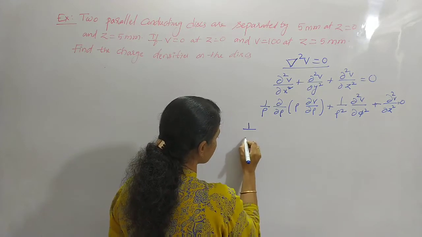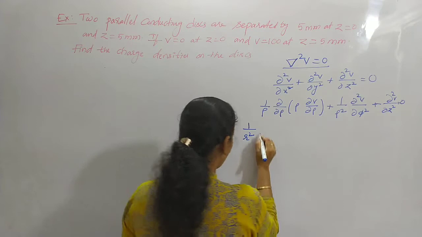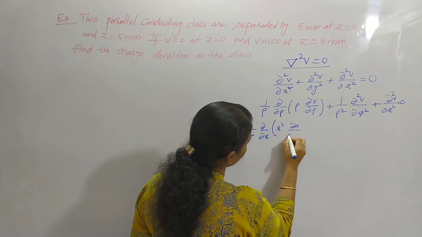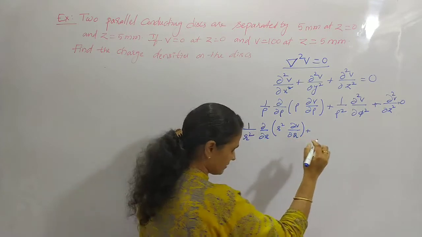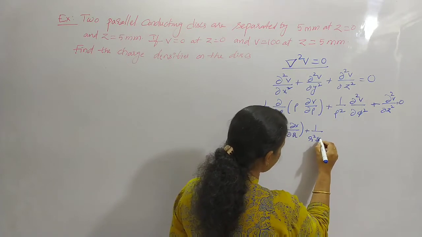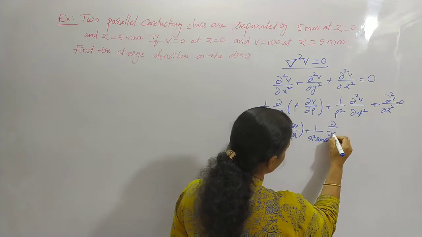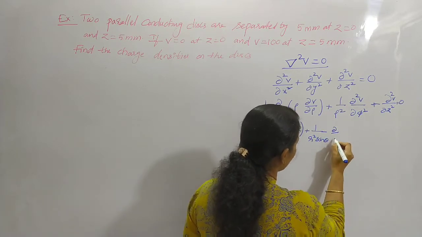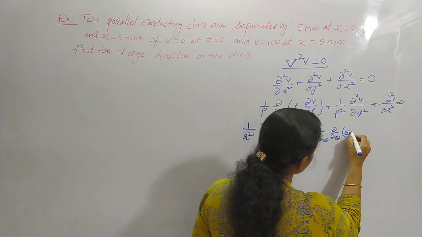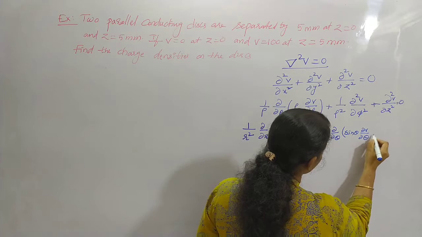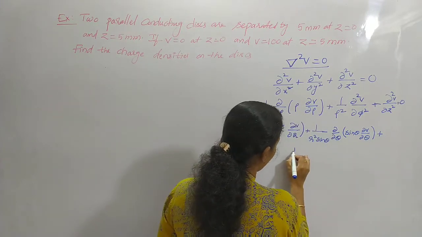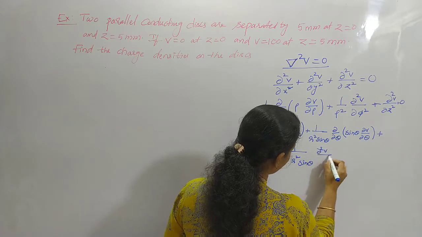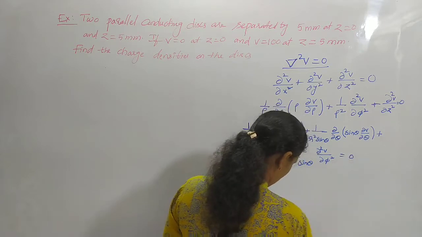In the spherical coordinate system, the Laplace equation is given by 1 by r square dou by dou r of r square into dou V by dou r, plus 1 by r square sin theta into dou by dou theta of sin theta into dou V by dou theta, plus 1 by r square sin square theta into dou square V by dou phi square equal to 0.